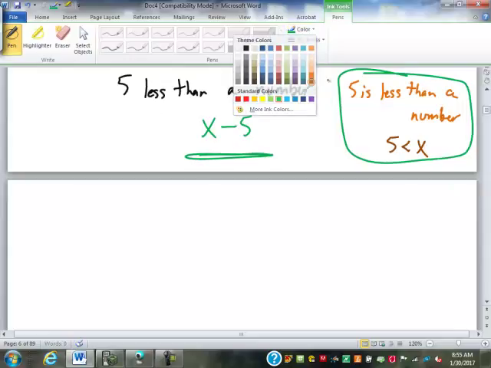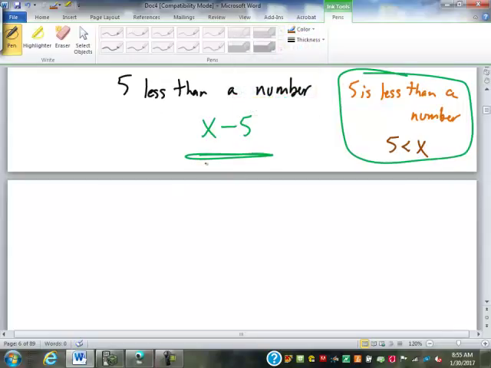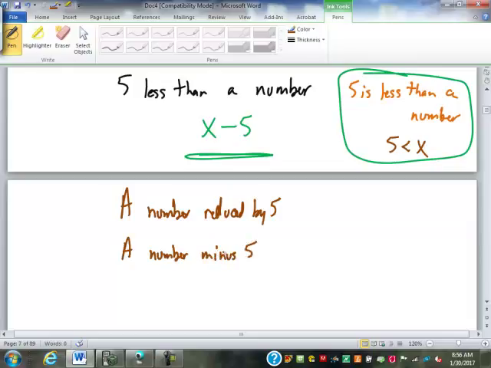So other expressions that would translate into x minus 5. Well, number reduced by 5. Any others? Number minus 5. Anybody think of any others?